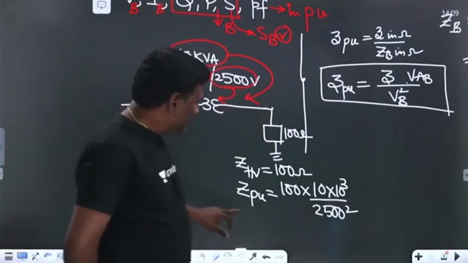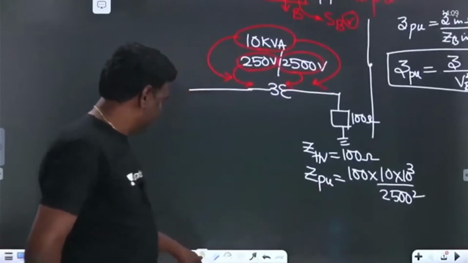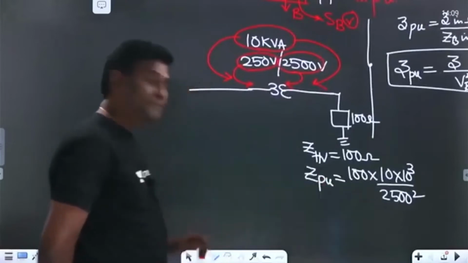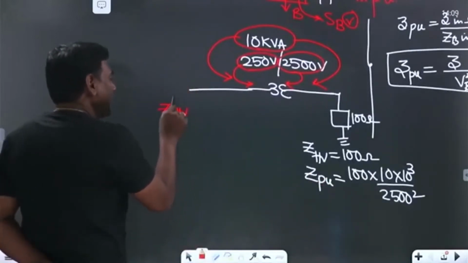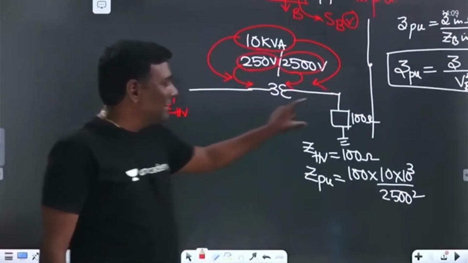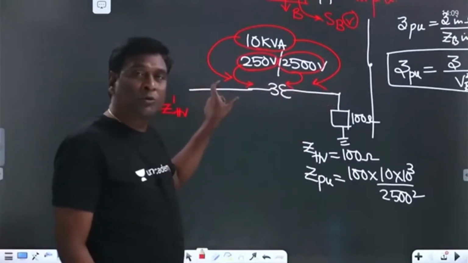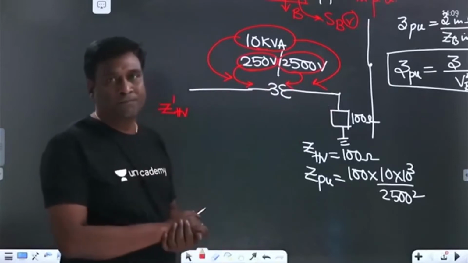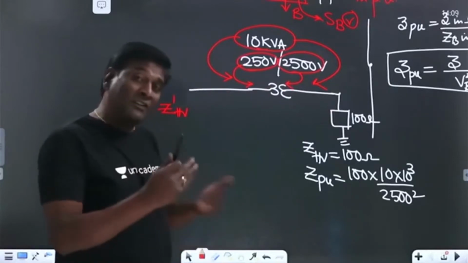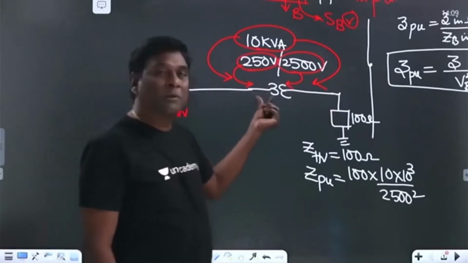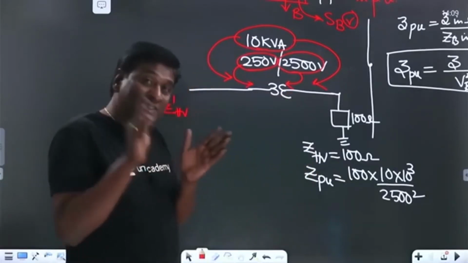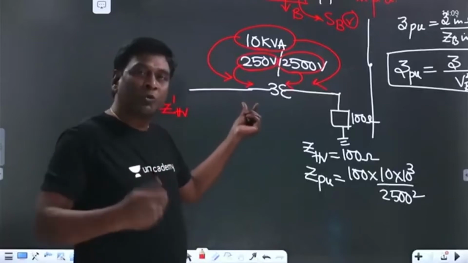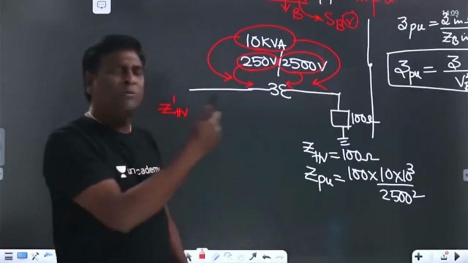Now, let me calculate on LV side. Let me calculate Z of HV dash. This particular impedance, let me transform from here to here by using the transformation ratio. After that, we are going to cross check whether to maintain this transformation ratio or whether to maintain the physically existing transformer on paper. Should we do it or not, we will come to know. After that, we can run the show.